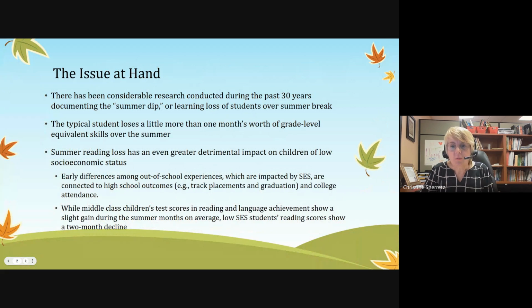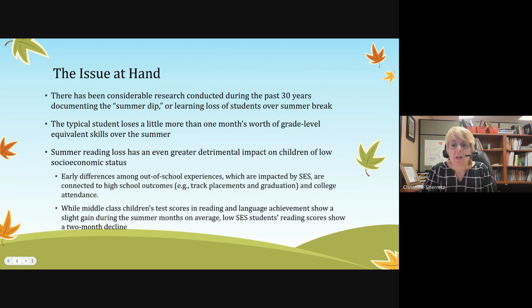So the issue that was at hand is that there is a lot of research that shows that kids lose about 3 months of reading growth in the summer. What research shows is during the school year, all kids progress at the same rate.